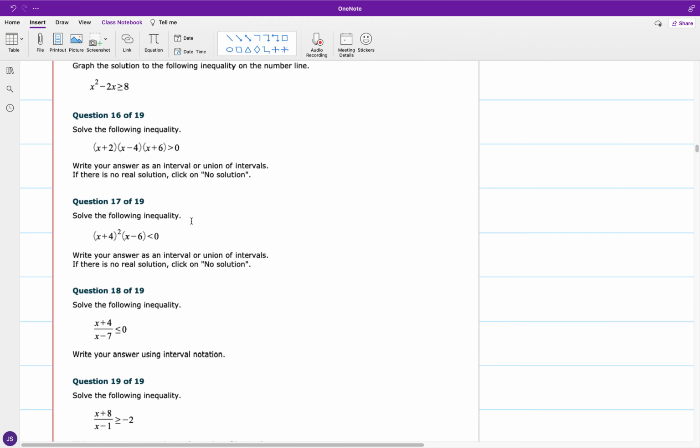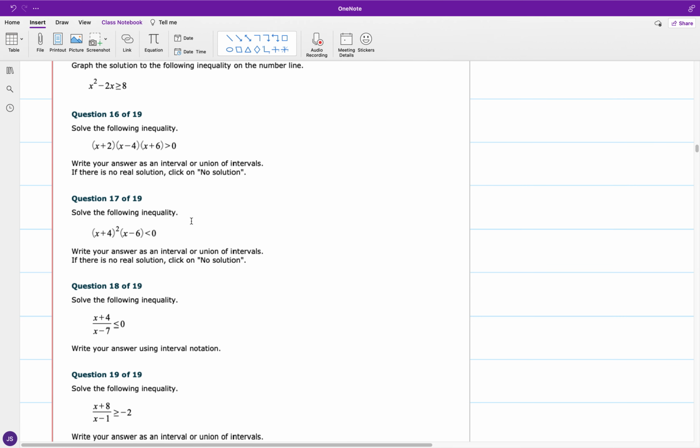start out with some of the most recent items, especially inequalities for polynomial functions as well as rational functions.